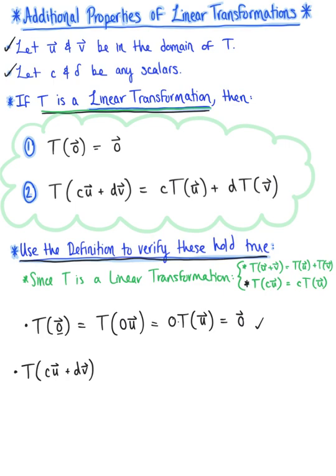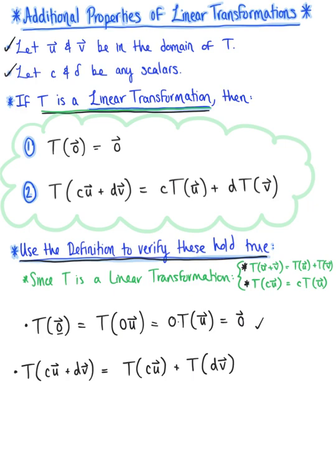Again, since T is a linear transformation, we automatically know that it preserves the operation of vector addition. So we can rewrite this as the image of the scalar multiple c times vector u under the action of T plus the image of the scalar multiple d times vector v under the action of T.